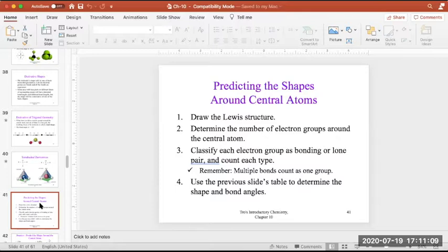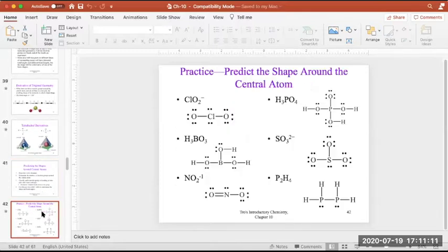Okay, so now let's try to do some examples, right? I'll give you one example and then you have to do all of the examples by yourself, right? Let's talk about the first one, ClO2. So we already gave you the structure. You don't need to draw the structure because this exercise is just to tell us whether the structure will be linear, triangular planar, tetrahedral, or bent.